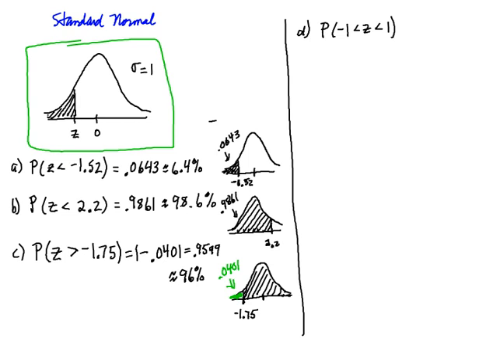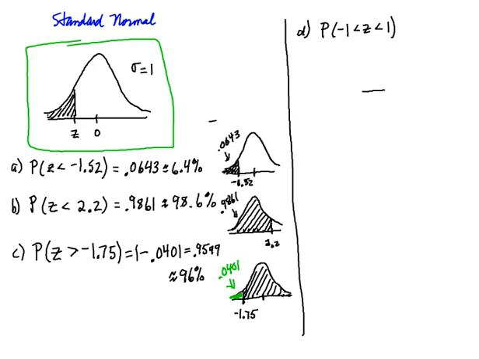In other words, what's the probability that the value itself will be within one standard deviation of the mean? Okay? Now, if you remember, the empirical rule said that's approximately 68%. So let's use the standard normal table to find out more precisely what it is.